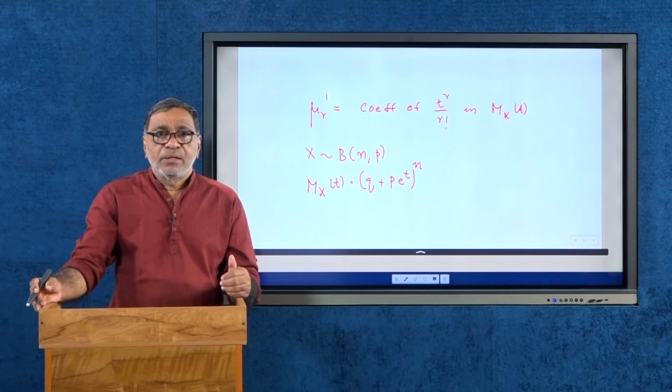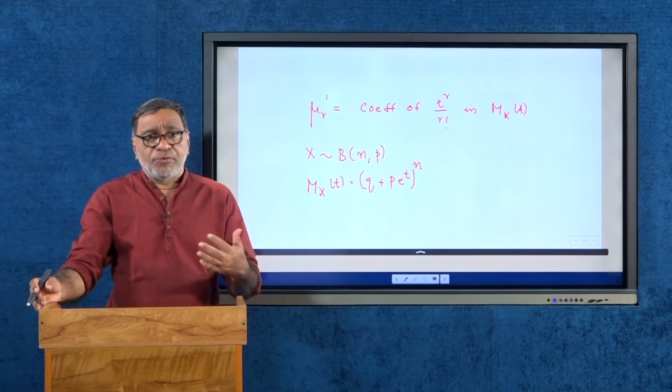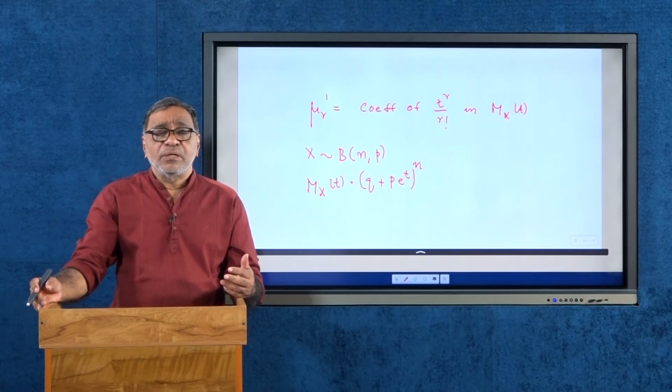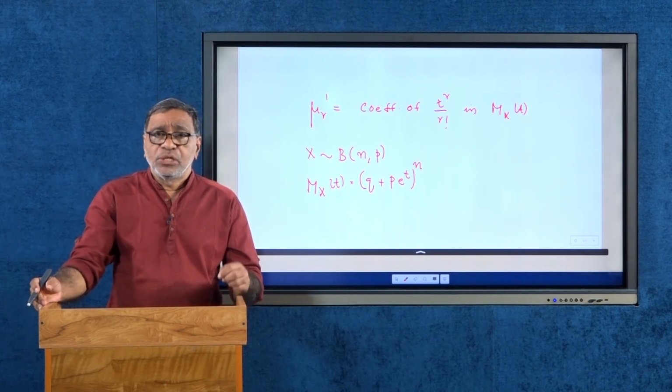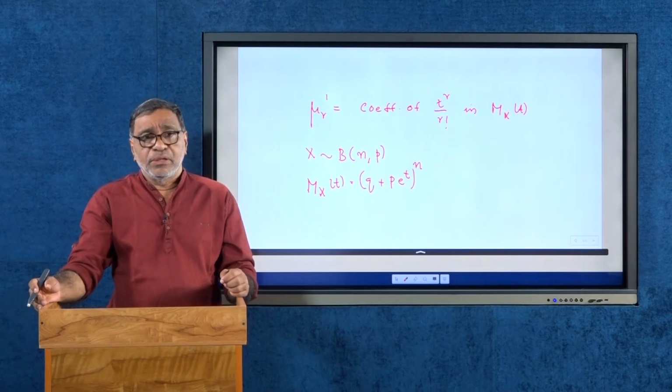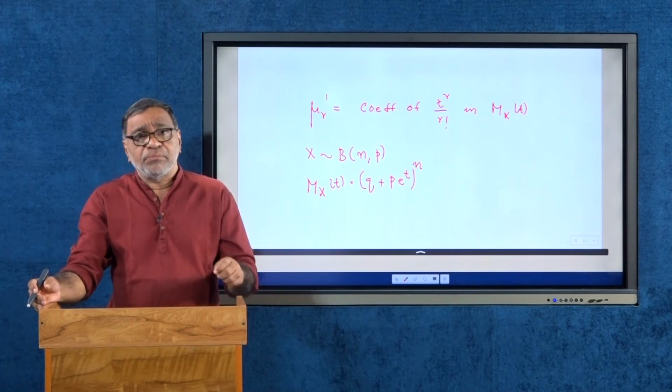But in order to find the arbitrary moments of the binomial distribution using the moment generating function, we are utilizing the second method.